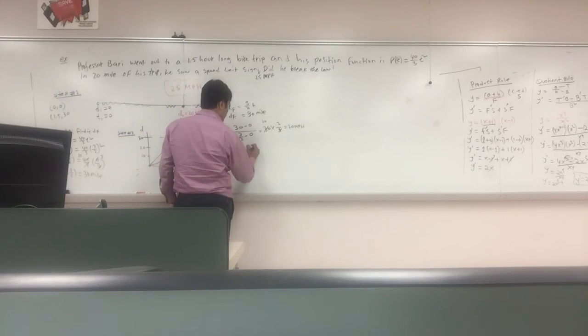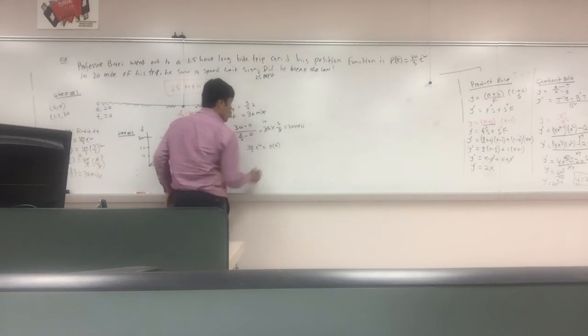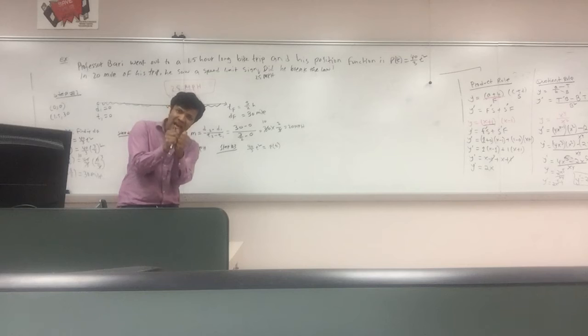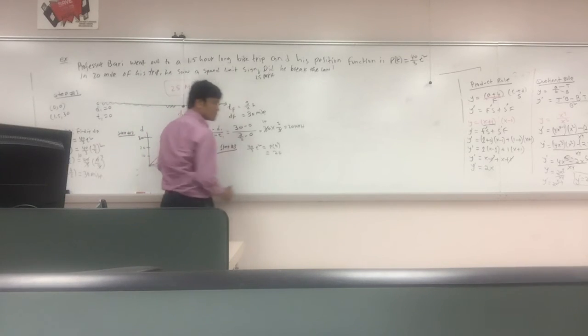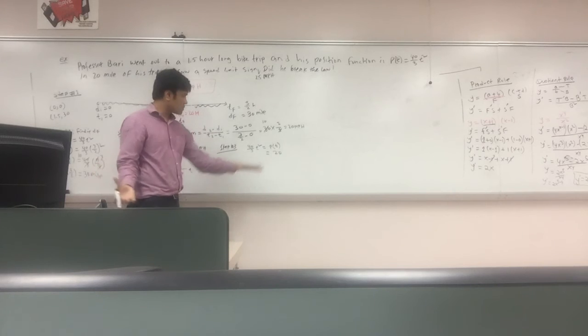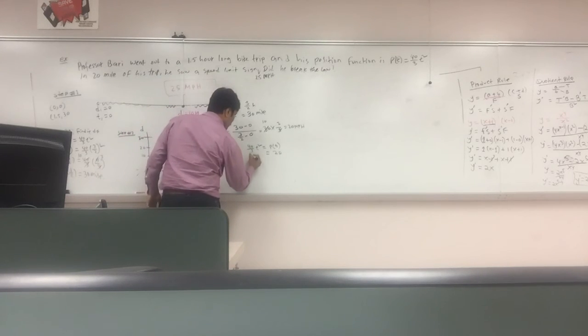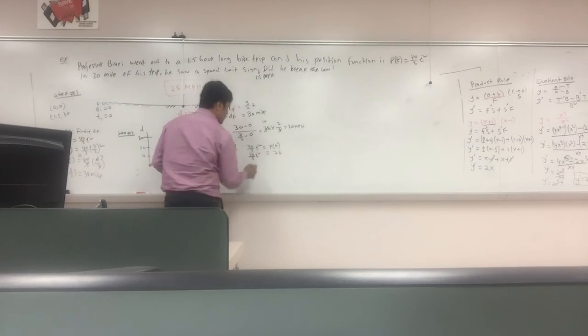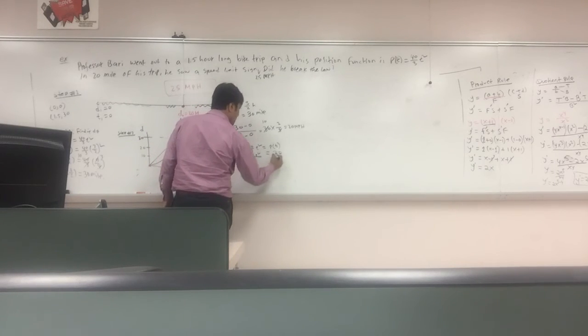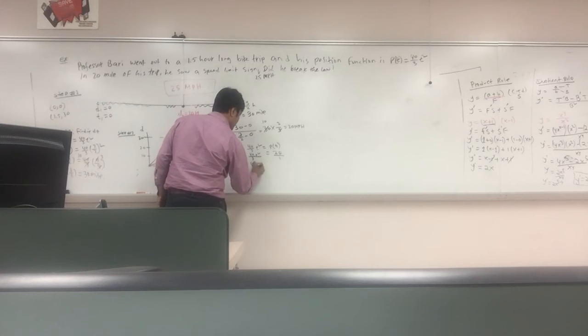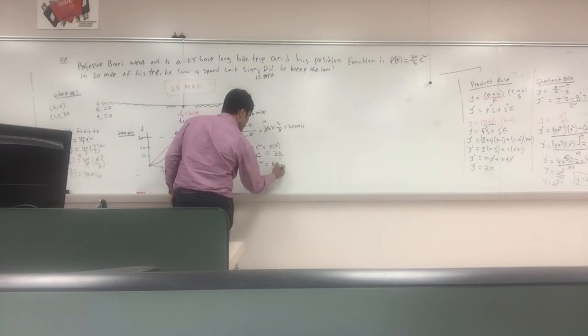So, P of t equals 40 over 3 t squared. We want to know the time at 20 miles. So that's what we put: 20 equals 40 over 3 t squared. Now you're going to cross multiply. So you're going to write 40 t squared is equal to 60.